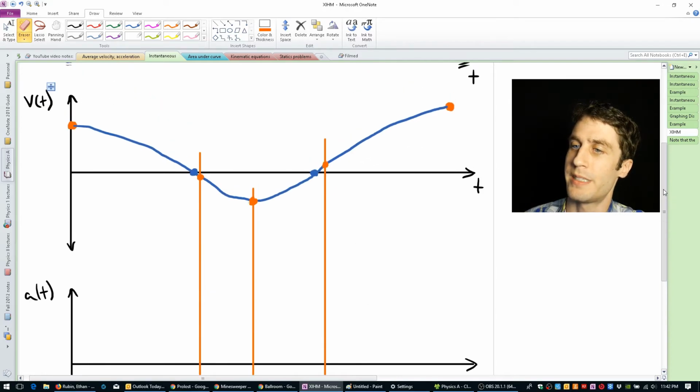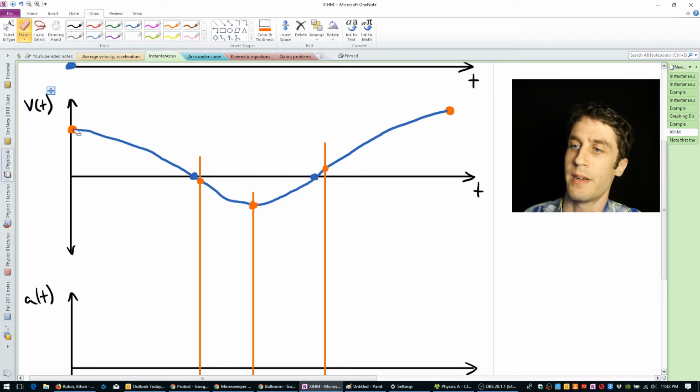Okay, so what do we see from this? Well, the acceleration is low or close to 0 here, and then the velocity decreases and decreases until it reaches a minimum where the acceleration, the slope of the tangent line, is 0.